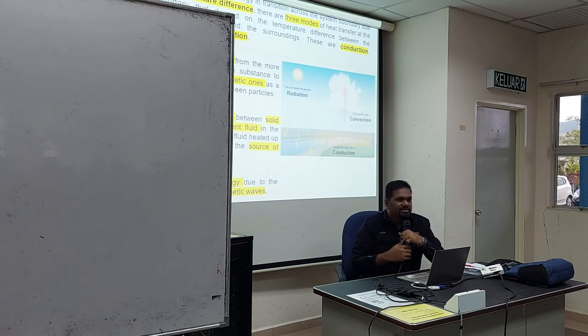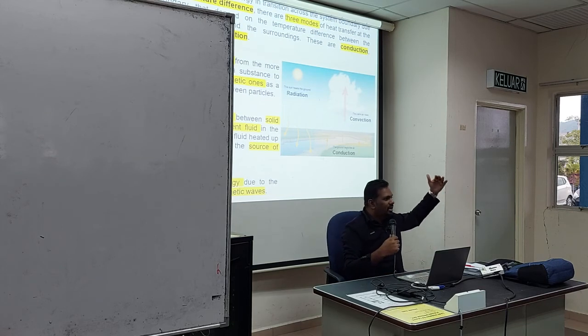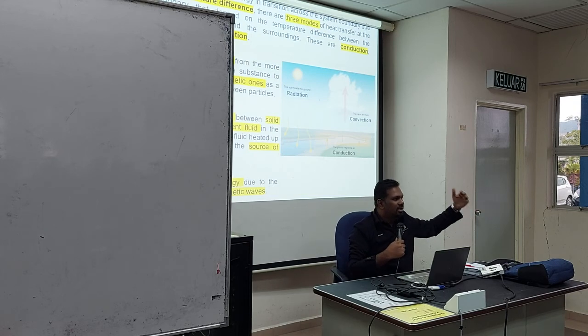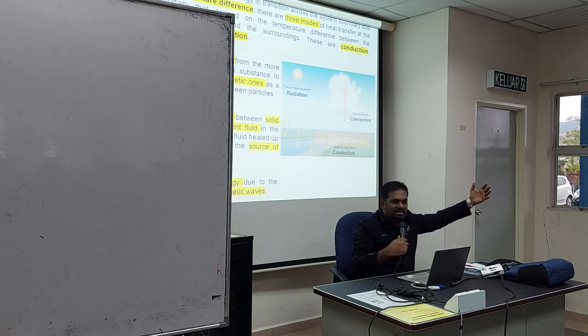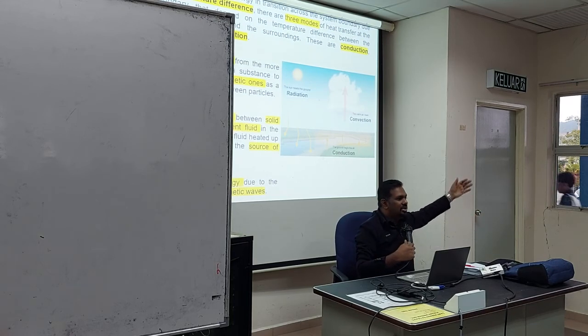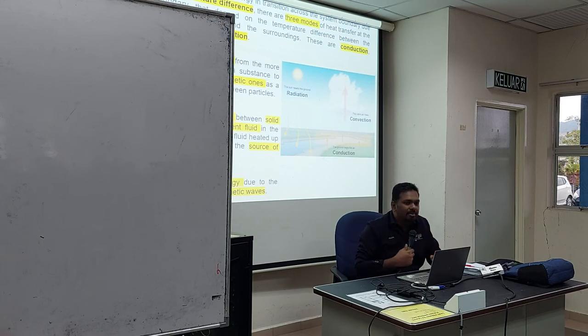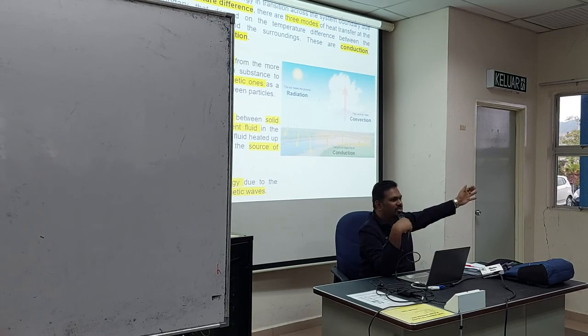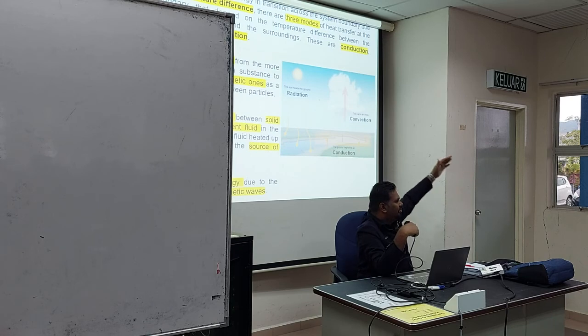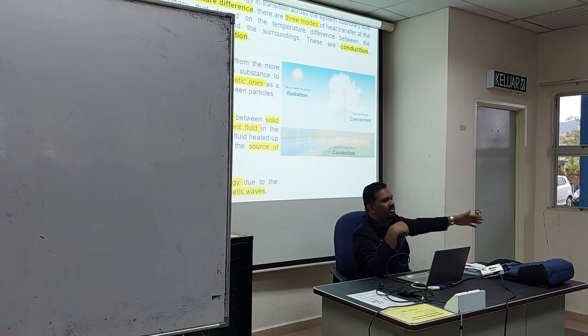And convection, kenapa kita jemur kain dekat luar? Sebab dekat luar kita boleh dapat radiation dari matahari. So you can get radiation from the sun as well as convection. Convection dia happen macam mana? Dekat luar, we have wind. So dari tempat yang panas, wind akan blow.